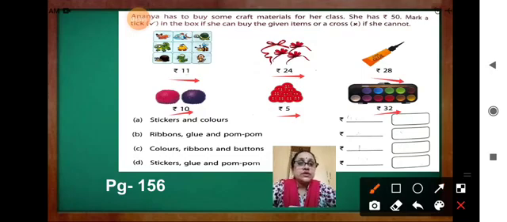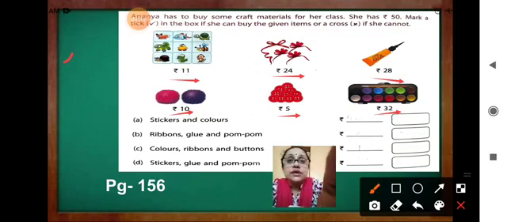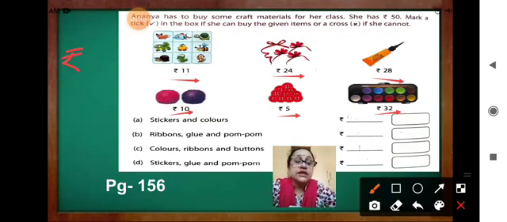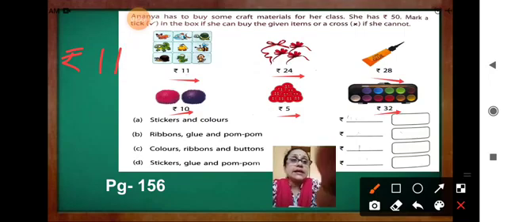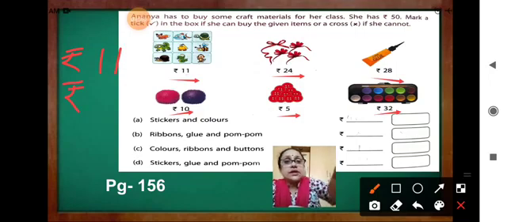So question A, and children write today's date. Now stickers and colors. You have to see the price of stickers and colors. You have to add them. Now write rupees 11 for stickers. Now find out the price of colors, rupees 32. So write 32 and addition sign.